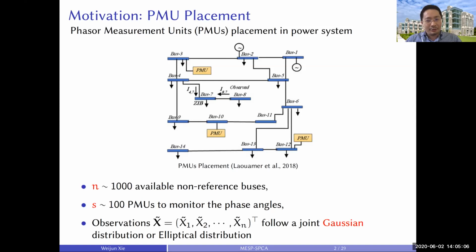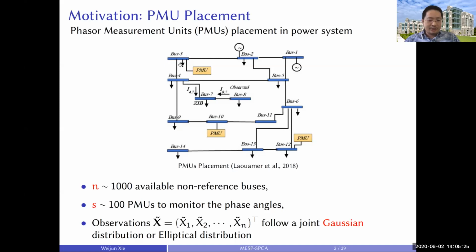But of course, we have to pay more for that in terms of installation fees and also labor fees. The scale of the problem we are talking about is thousands of buses, and at each bus we can install a PMU sensor.